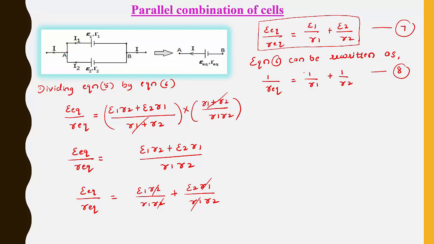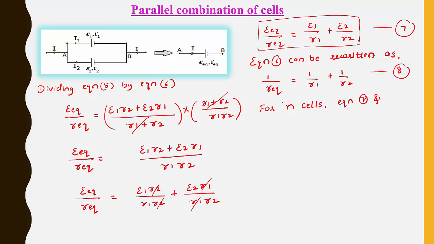Or we can use equation number 8, that is 1 by R equivalent. For parallel combination, internal resistance is 1 by R equivalent equal to what? 1 by R1 plus 1 by R2. Suppose you are going to consider n number of cells. For n number of cells, how to write equation 7 and 8?